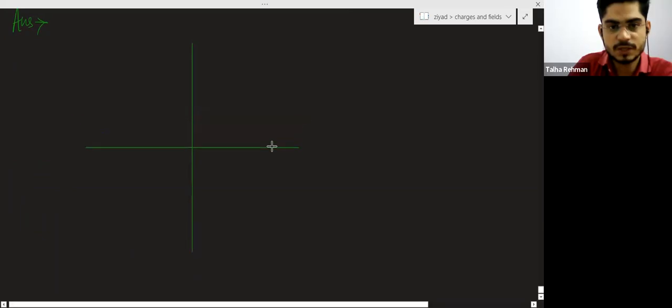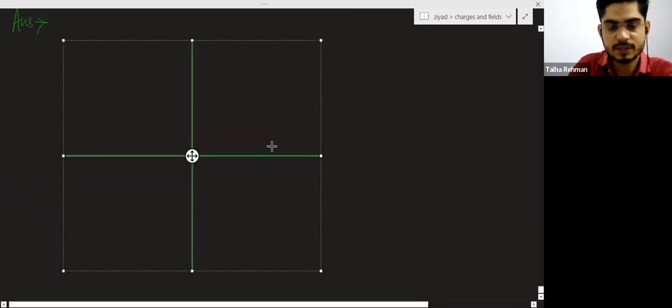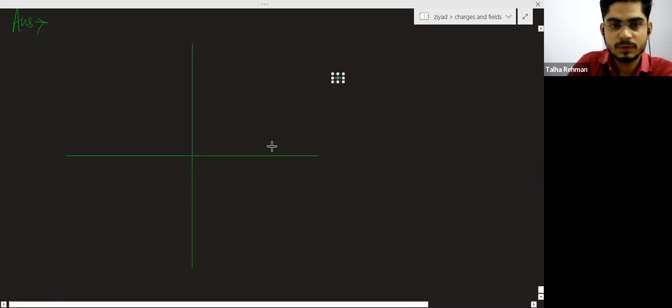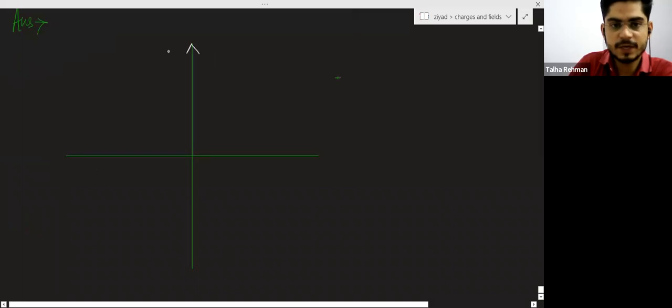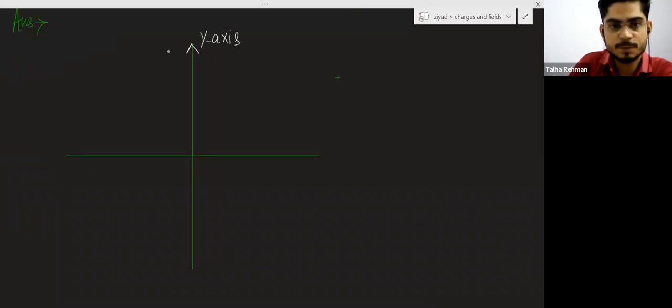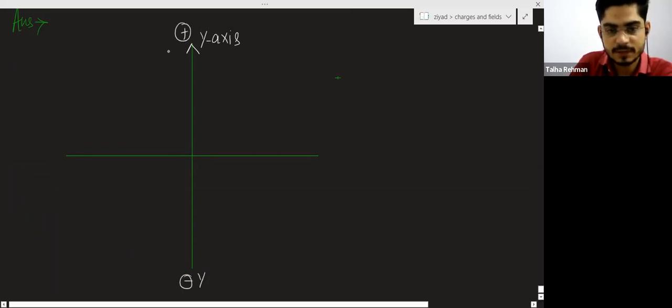So suppose these are the axes. This vertical line is the y-axis, this is the positive y-axis, this is the negative y-axis.